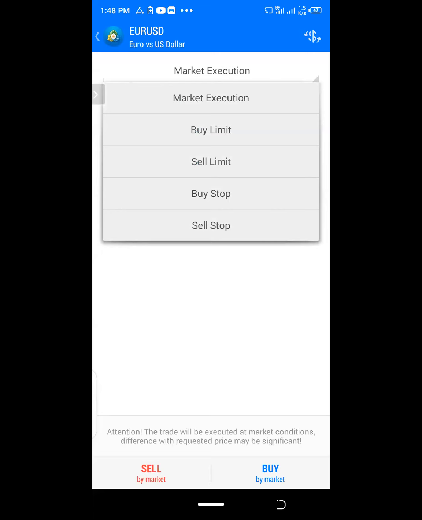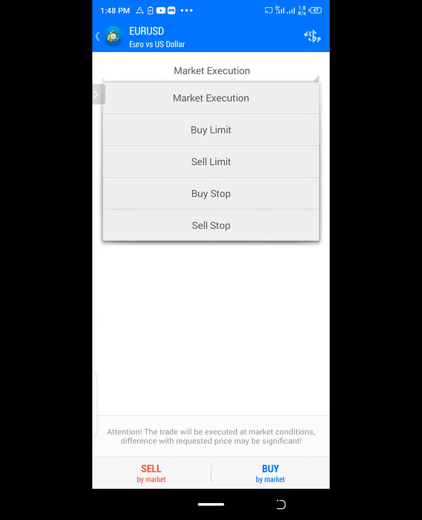Now, the other way we can actually enter a trade is through pending orders. Pending orders, as the name implies, it's a pending order. You are giving a future instruction to the market. It simply means that you are buying at a future market price.